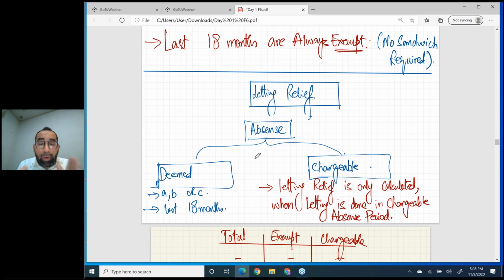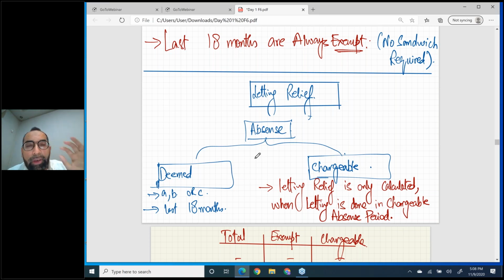Now look here. Let us say you are leaving your house, that means you are absent from your house, and that absence period is chargeable absence period, and you are letting your house in the chargeable absence month. Then you are eligible for letting relief.